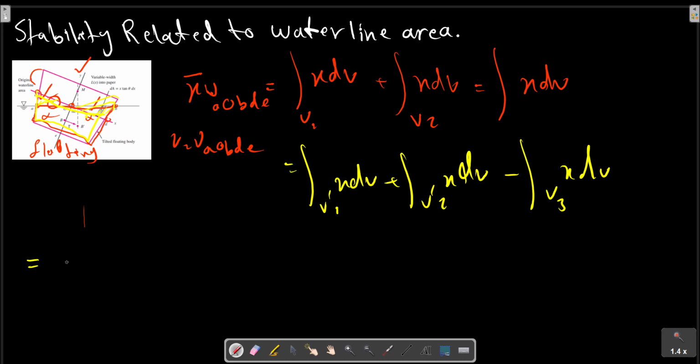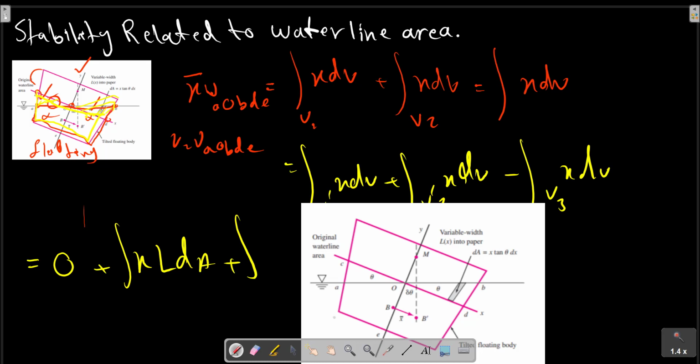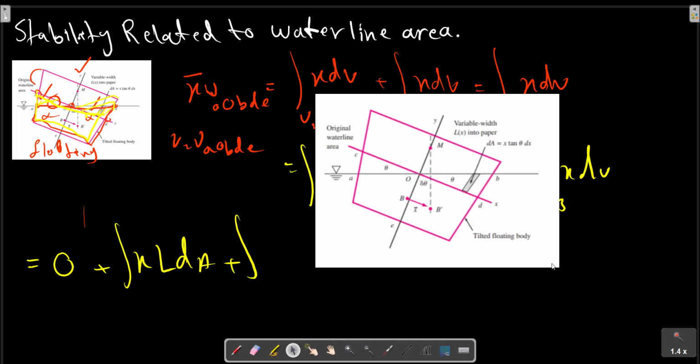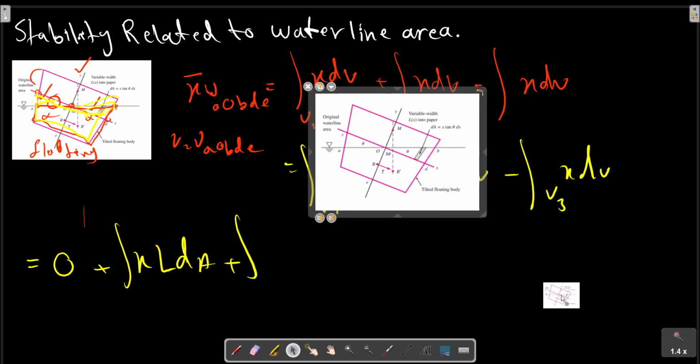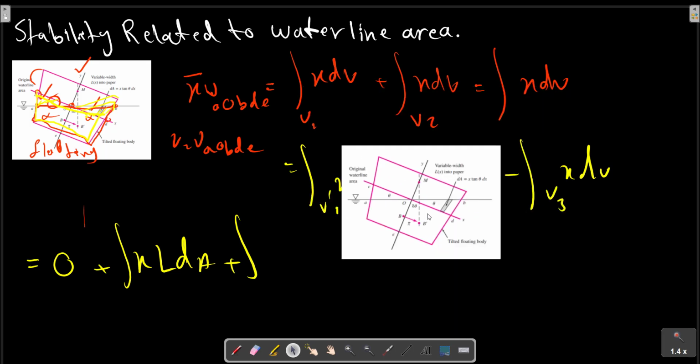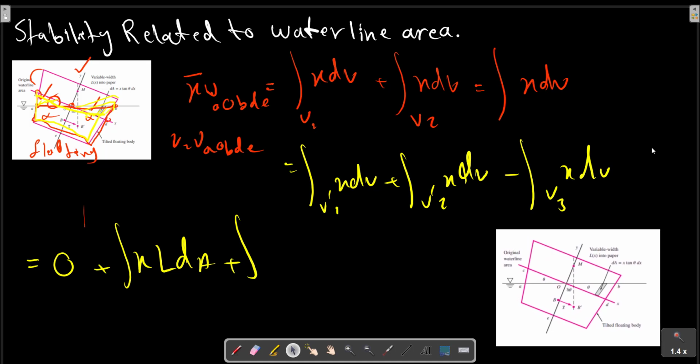The first we have 0, plus the second is the integration of x L dA, plus, let me show the picture here too. We can show the V1.